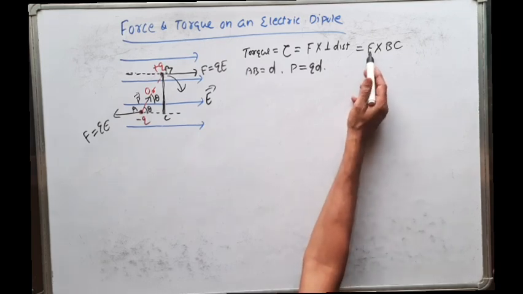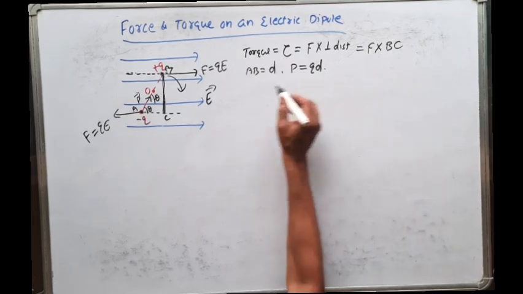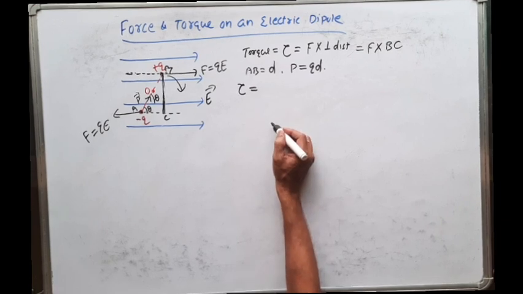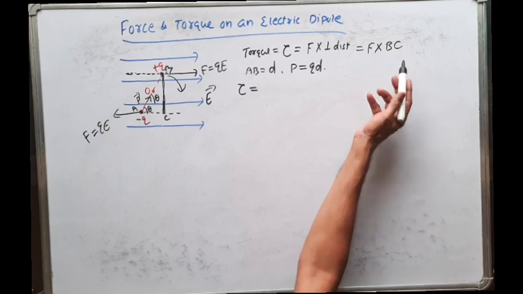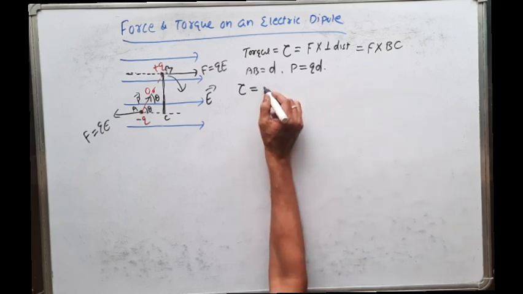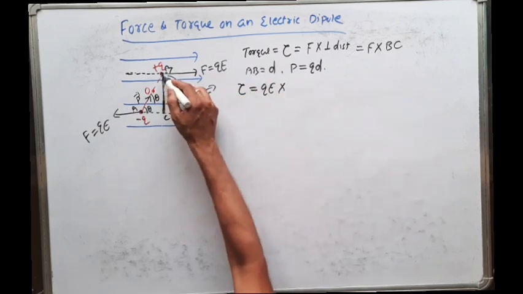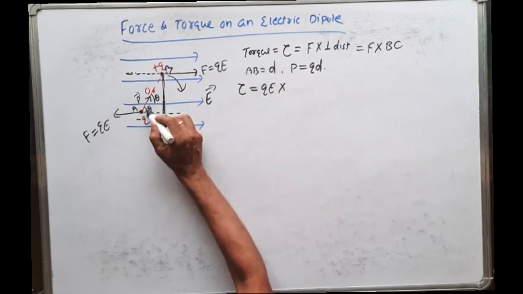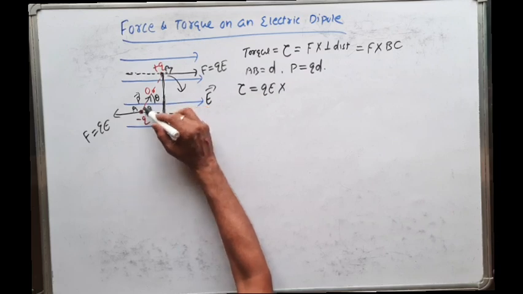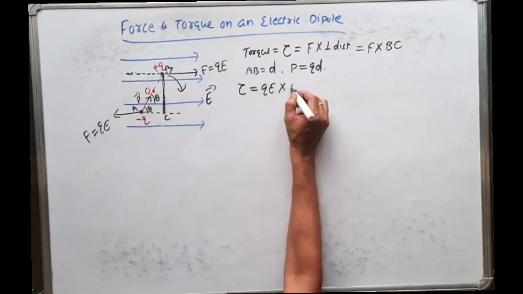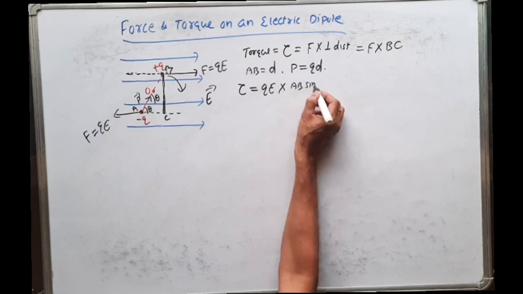Now we will find the value of torque. Torque is equal to F into the perpendicular distance, that is F is equal to qE, into BC. So what is BC? In this right angle triangle, sin theta is equal to BC by AB. So BC is equal to AB sin theta.